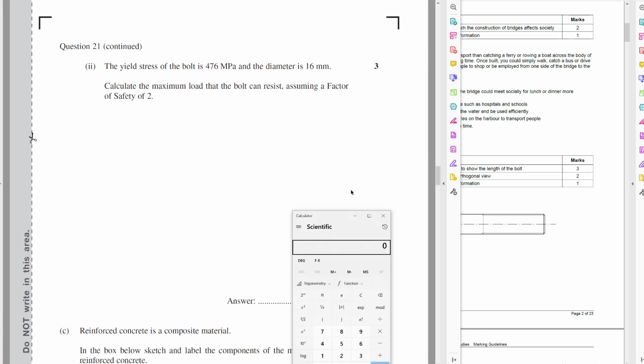So pi times 16 times 16 divided by 4. Okay, so 200, nice easy number that they've given us. Okay, 200 times 476 divided by 2.